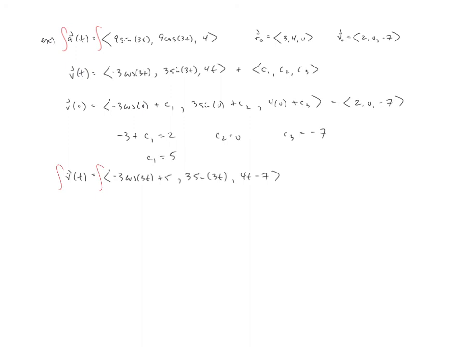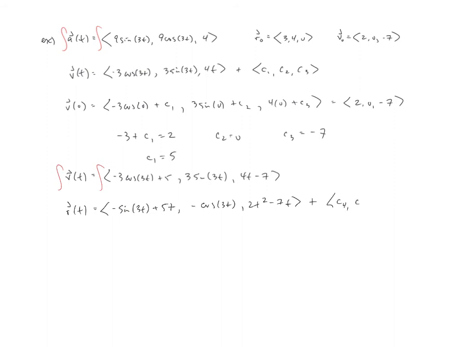So I'll integrate. If I integrate v, I'll come up with r, which is our position. So as I integrate this now, I get negative sine 3t plus 5t. I'll get a negative cosine 3t. And then I'll get a 2t squared minus 7t plus our c. Much like the last one now, I'll need a c vector having 3 components.